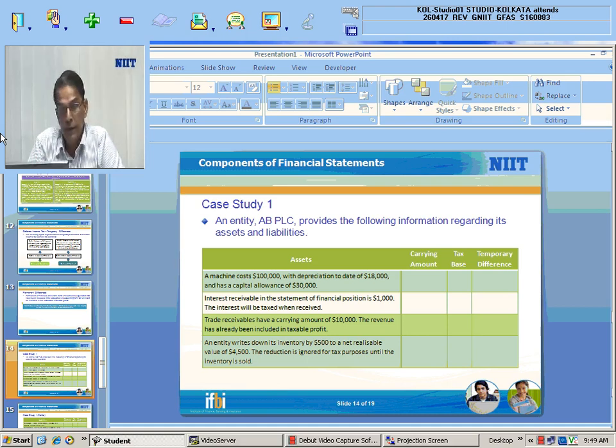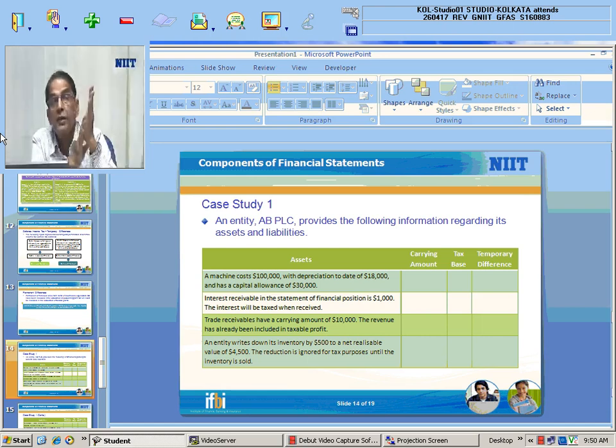Example 1, that is on the asset side. Interest receivable in the statement of financial position is 1,000. The interest will be taxed when received, that means on cash basis. So it is shown on the asset side of the balance sheet as interest receivable. The carrying amount is 1,000.